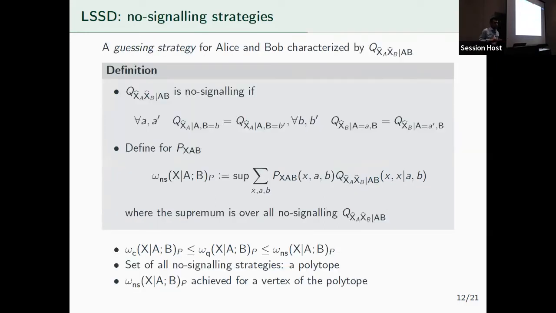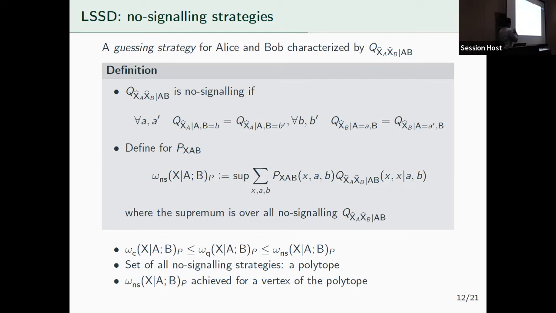Before that, I need to define something called a no signaling strategy. First, note that any classical or quantum strategy can be completely characterized by a distribution Q of X A hat, X B hat given A and B. So given some inputs, what is the probability that Alice and Bob output something?